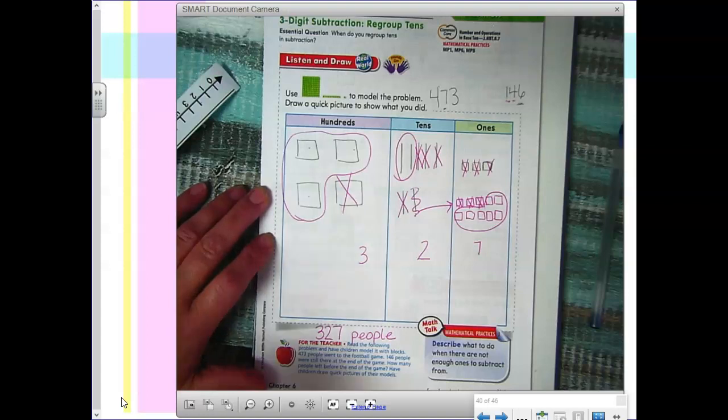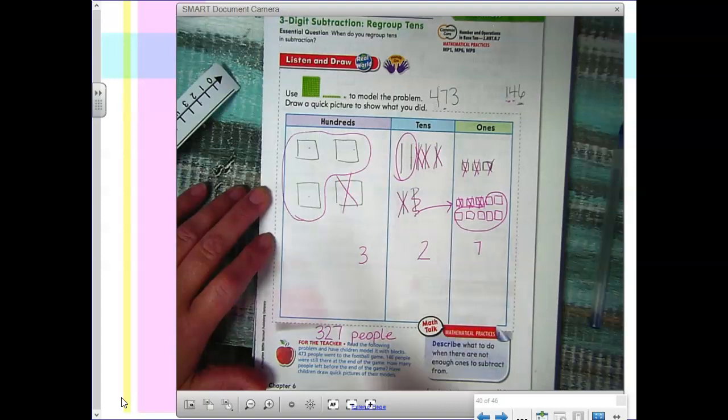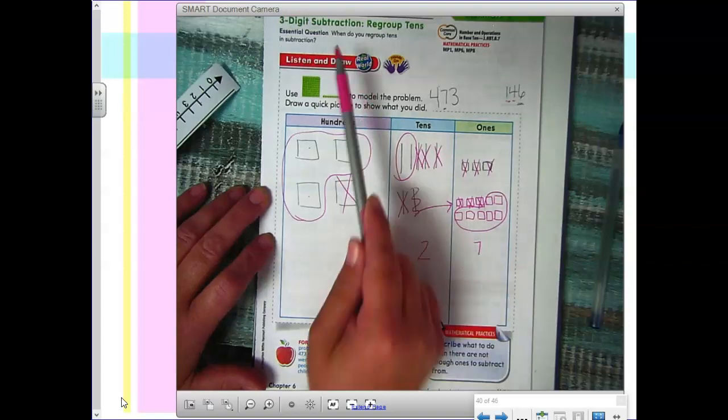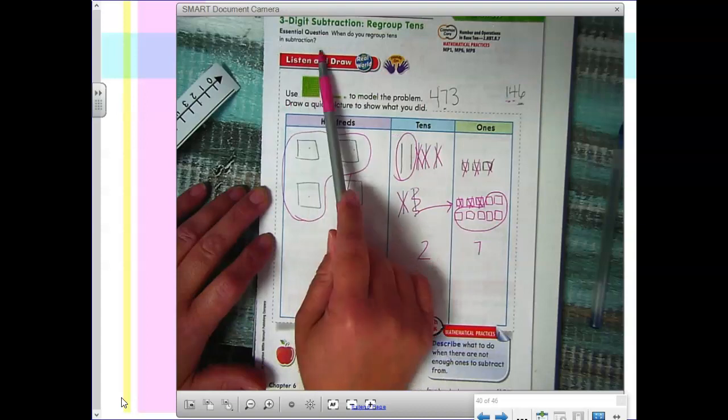Why did I have to regroup in the tens place? Because there were not enough ones in the ones place to subtract. So our central question says, when do you regroup tens in subtraction?